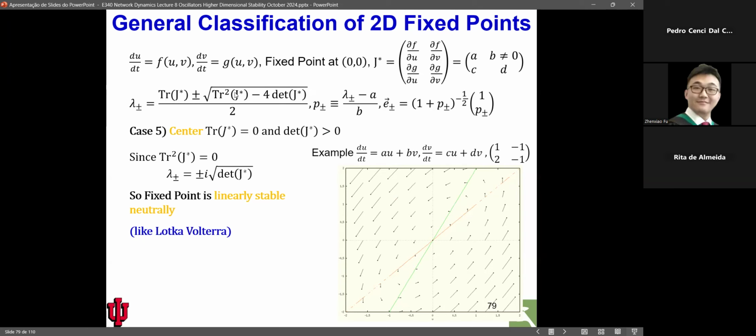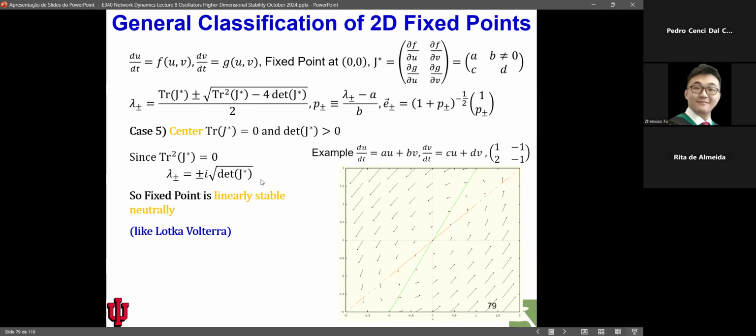This is 0, this is 0, this is positive, so it turns out to be negative. Then you have a complex thing where the real part is 0, you see here, lambda plus or minus is just plus or minus the square root of the determinant of J star.